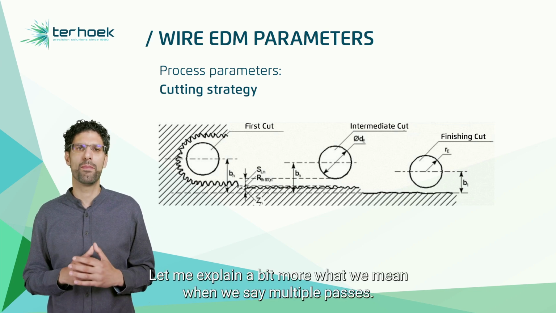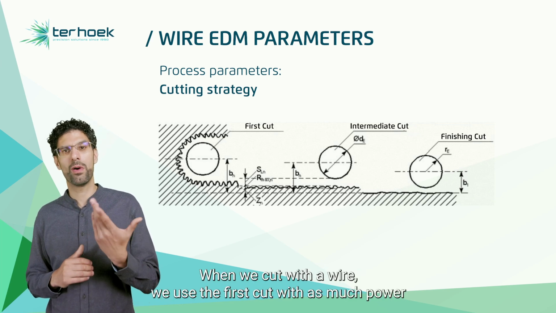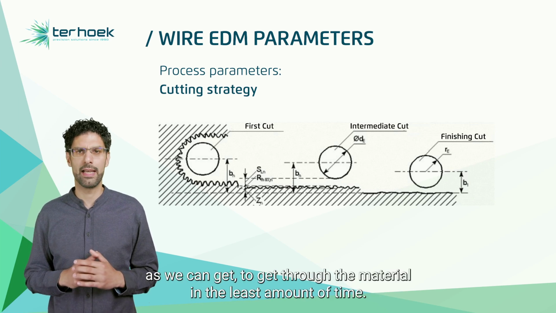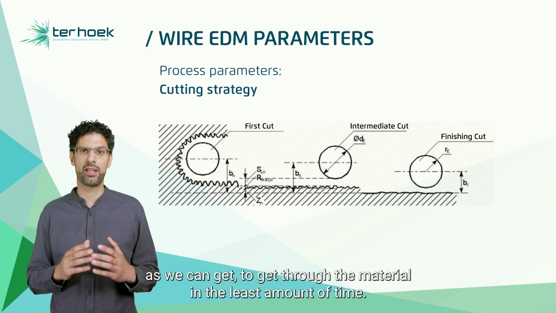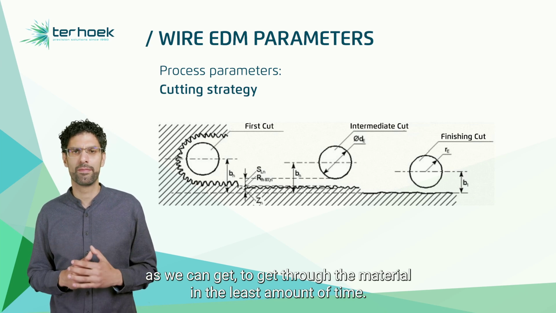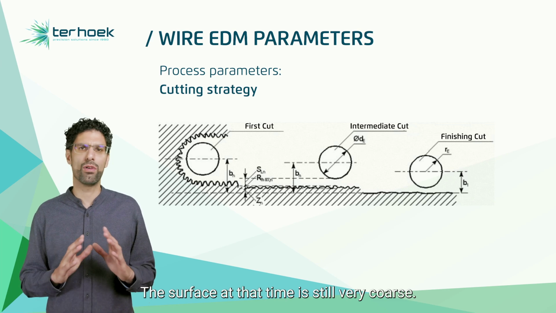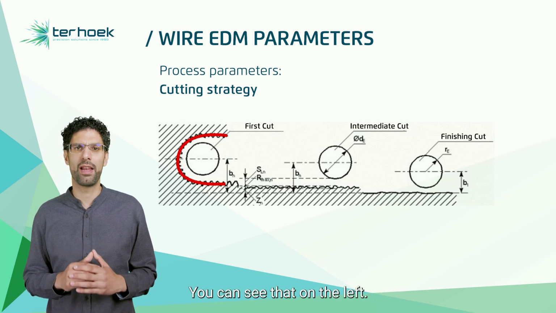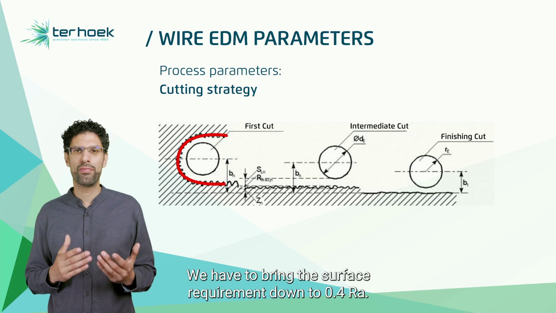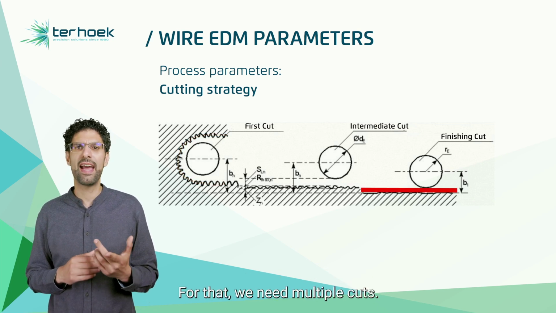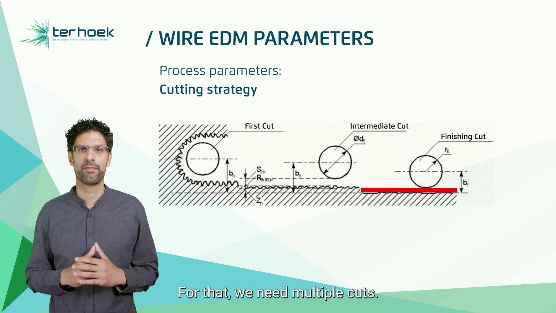Let me explain a bit more what we mean when we say multiple passes. When we cut with a wire, we use the first cut with as much power as we can get to get through the material in the least amount of time. The surface at that time is still very coarse. You can see that on the left. We have to bring the surface requirements down to 0.4 RA. For that, we need multiple cuts.